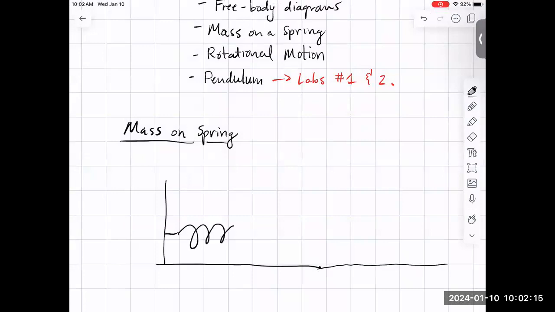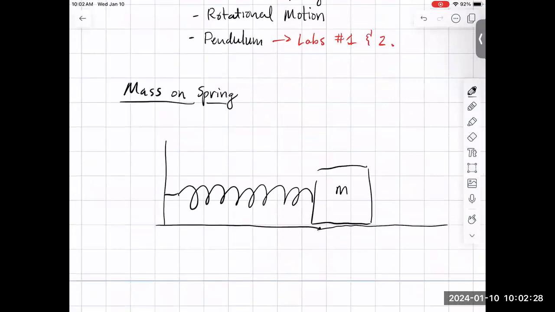We're going to attach a spring to that wall, and that spring will be connected also to some mass m. We're going to assume that this is a frictionless surface, so the mass can slide back and forth without generating heat and losing some of its mechanical energy.